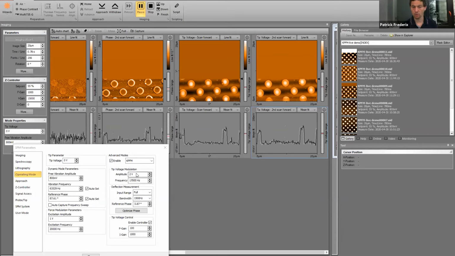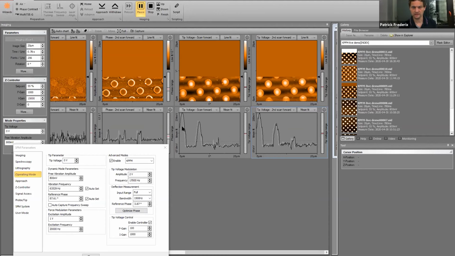I can make it smaller. The signal gets a bit noisier, but it also has a smaller range, so you can get a bit better lateral resolution. If I make it bigger, I get a better signal to noise ratio, but I might also lose some resolution. So that's about the amplitude choice.